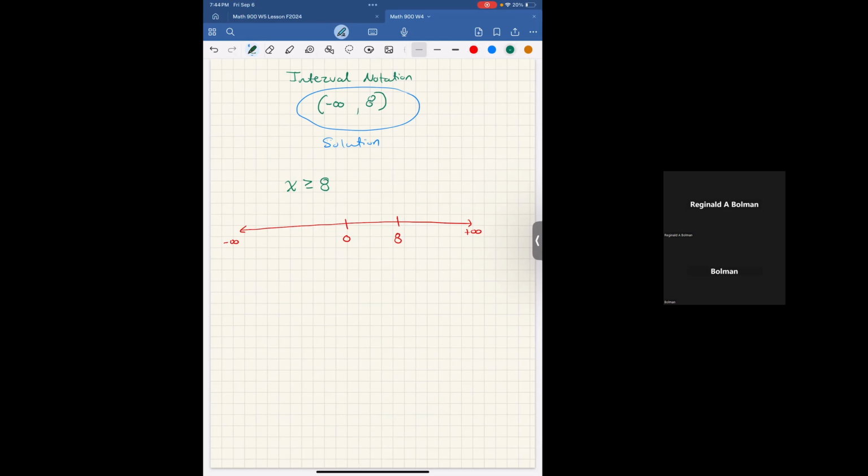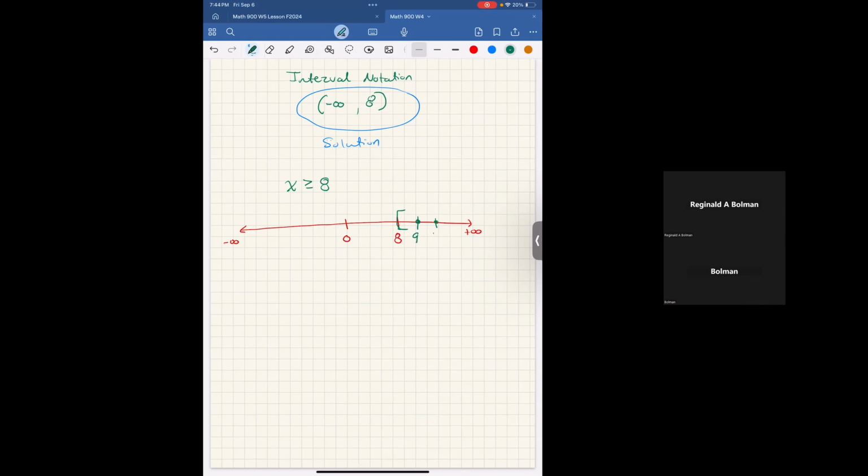If x is greater than or equal to something, instead of a parentheses at that number, what we're going to use to denote the idea that x could actually be 8 is a bracket. And since x could be greater than 8, the bracket needs to be pointing towards positive infinity instead of negative infinity, because x could be, say, the number 9.